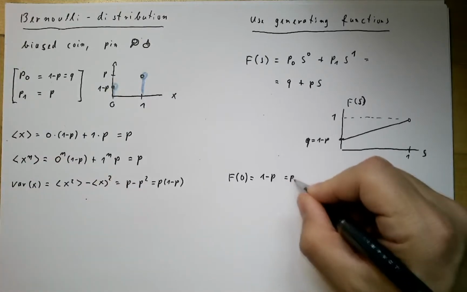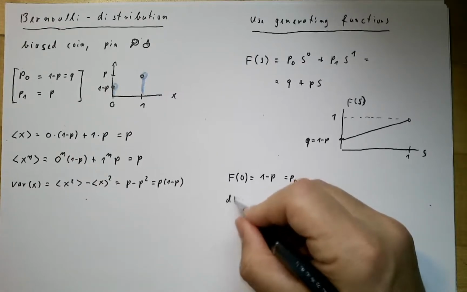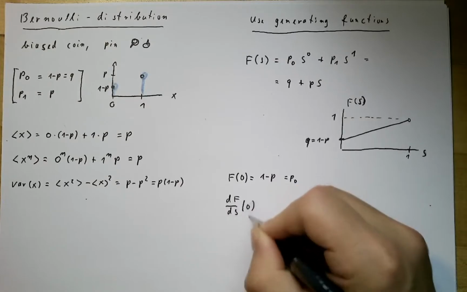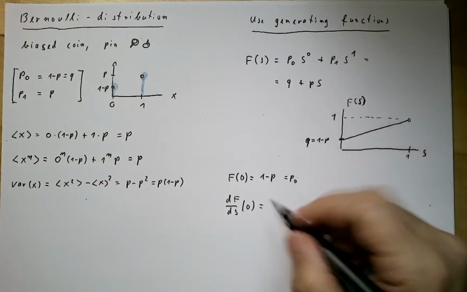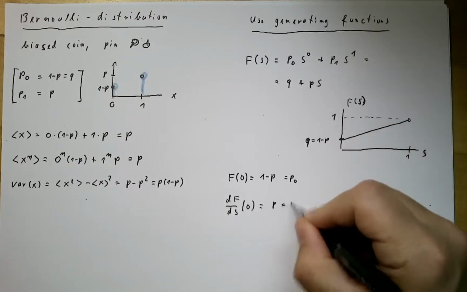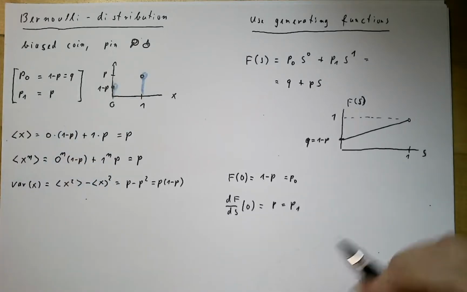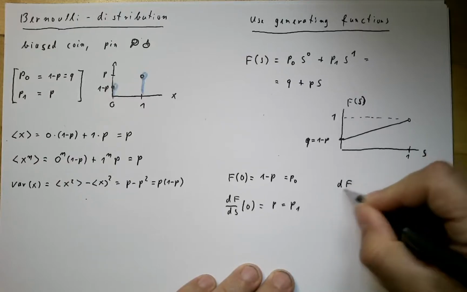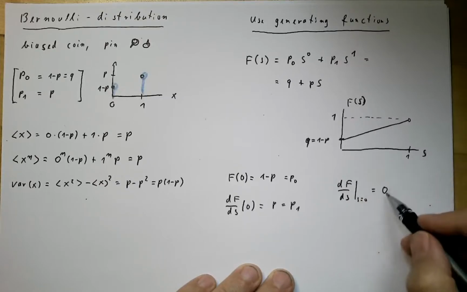So that's P0. What's the derivative, df over ds at position 0? That's just P, and this is exactly this P1. And if we take higher derivatives, df over ds at s equals 0, this is 0.